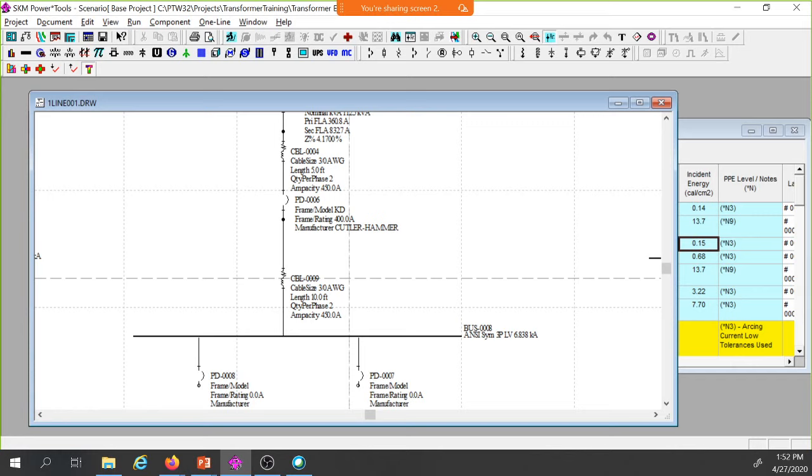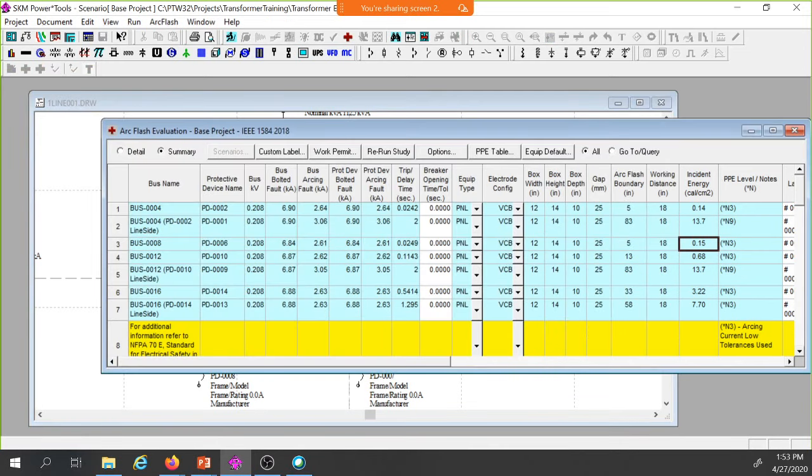This overcurrent protected device, I can take credit for my incident energy in this piece of equipment by the use of that overcurrent device. And the result is the best clearing time out of all of these, 0.15. You get the fastest clearing time, which will reduce the incident energy.